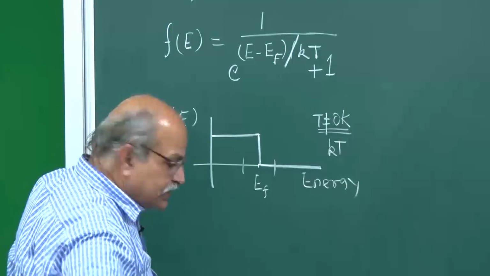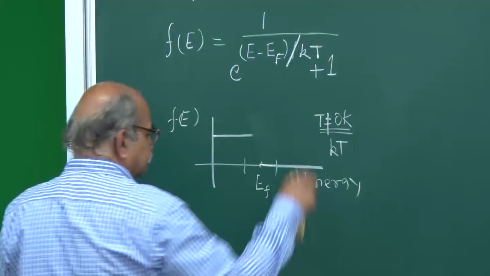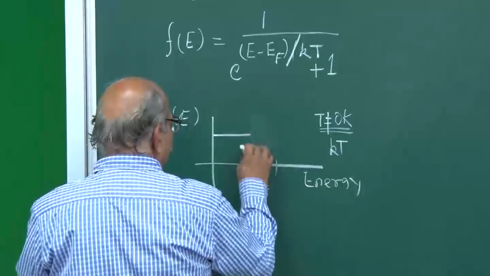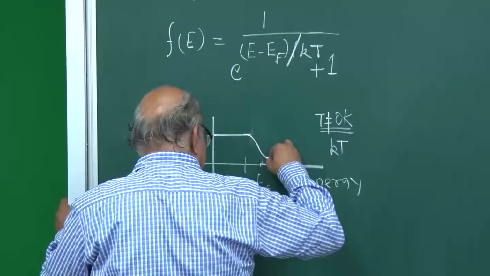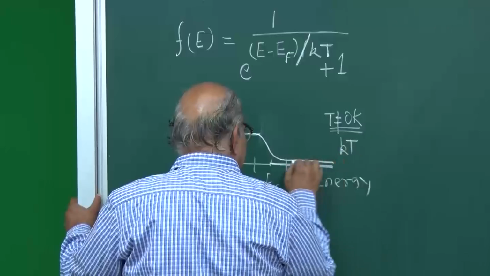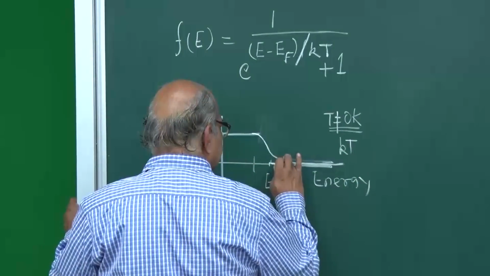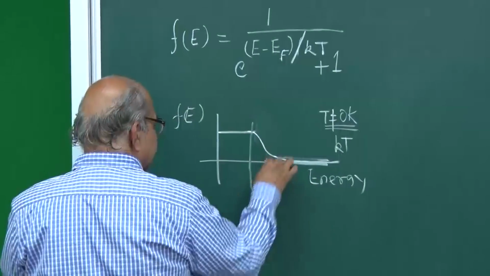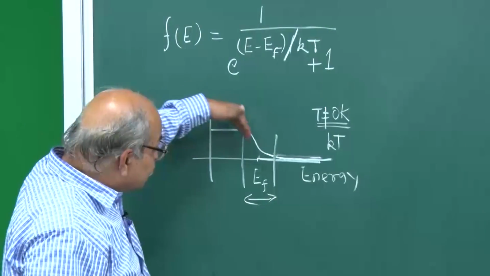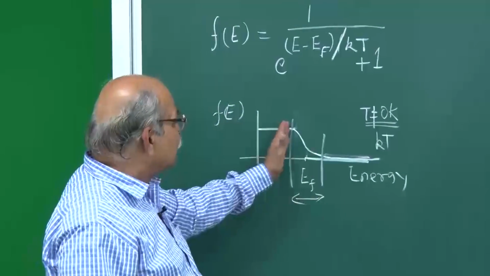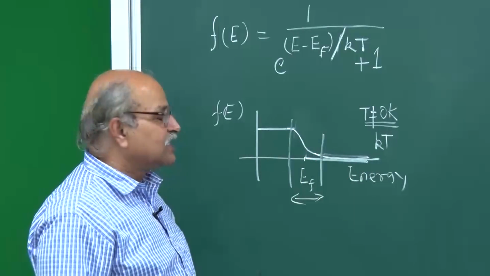If I redraw this, it looks like something of this sort. So only in a small region, which may be 2-3 kTs, you can see there is a change. There is almost 1 here, there is almost 0 here, and in this part there is some change.